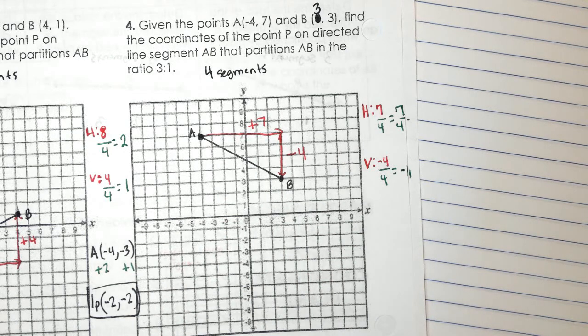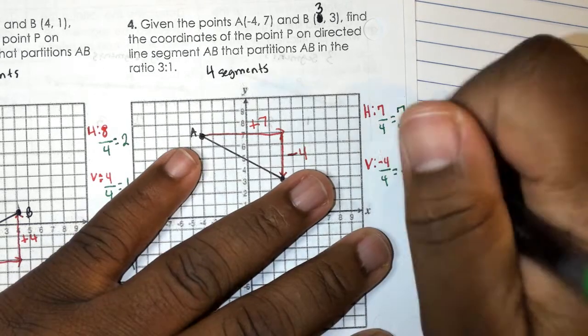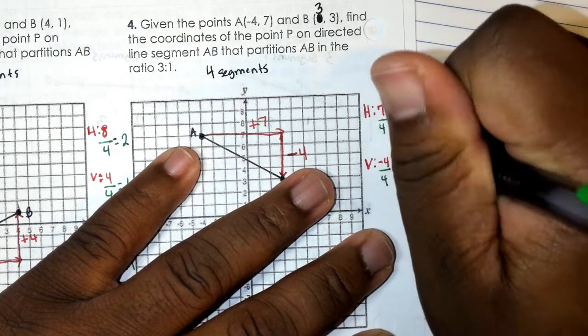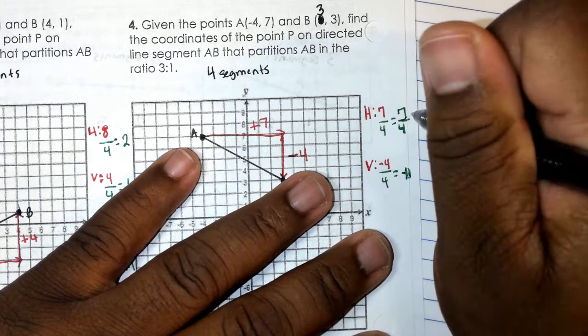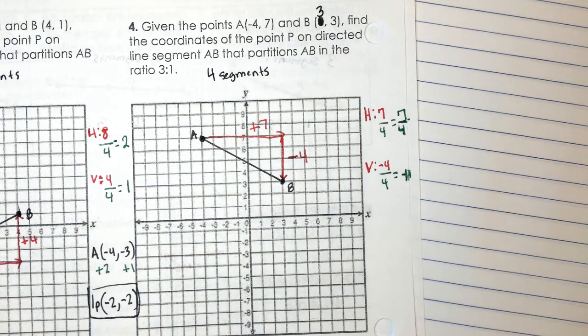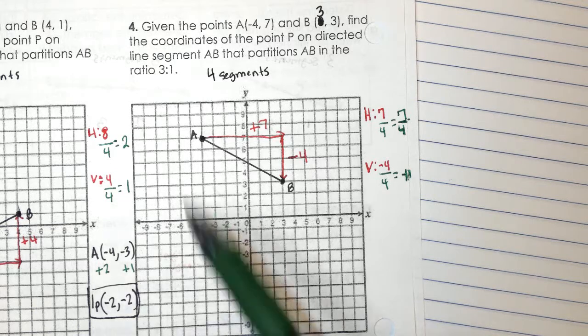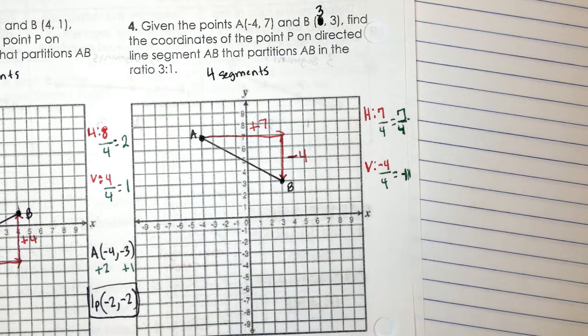The problem with that is we can't count. It's hard to add 7 over 4 or any fraction on the graph, or add it to a number like this. Remember, just like we did the first week, to add and subtract fractions, you need common denominators. So it's not going to be as simple just to add that to these coordinates right here. We're going to have to do some manipulation. So that's why we need notebook paper.